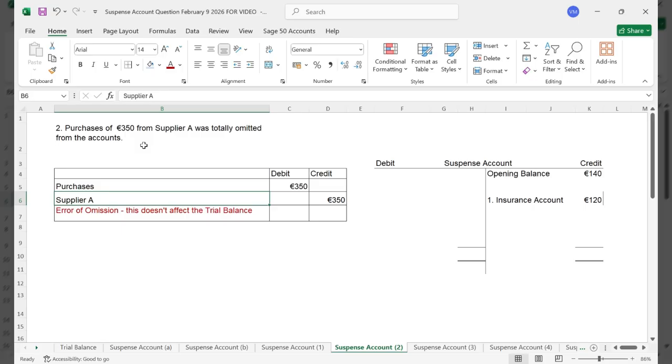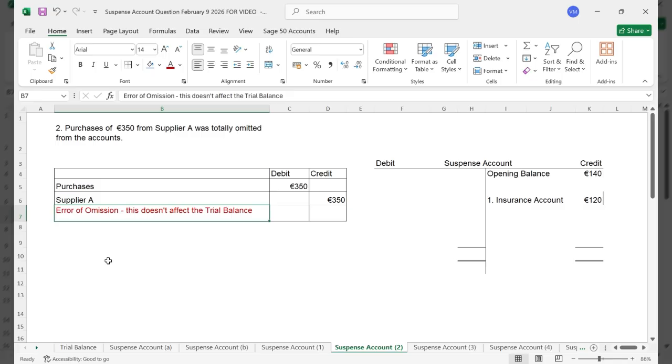In this case, to do your double entry, debit the purchases, credit the supplier A. You don't put anything into the suspense account, right? You also have to describe the error. In this case, error of omission, figures left out entirely. Because figures were left out of both the debit side and the credit side, this mistake didn't affect the trial balance. And that's why it doesn't have to go into the suspense account.